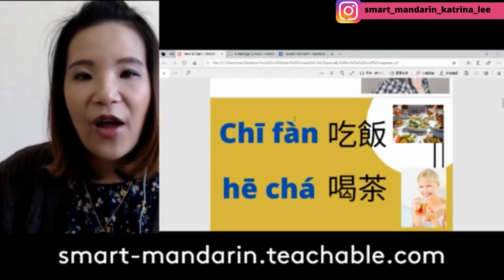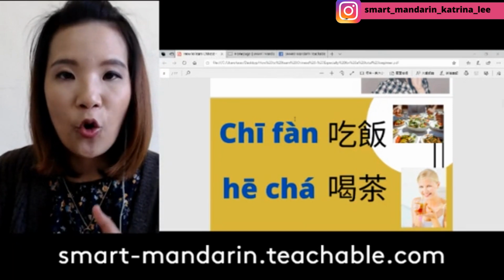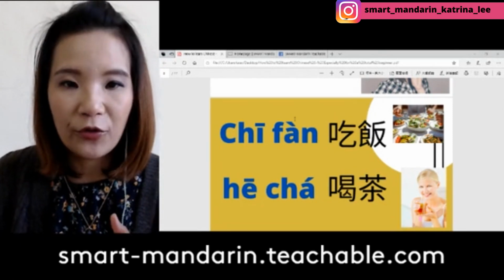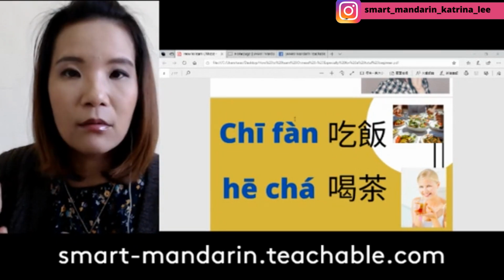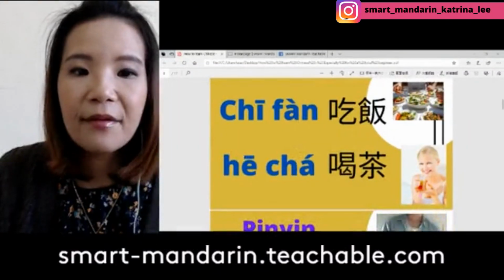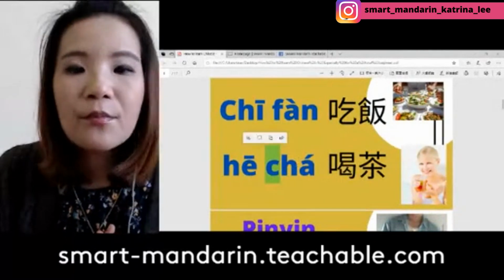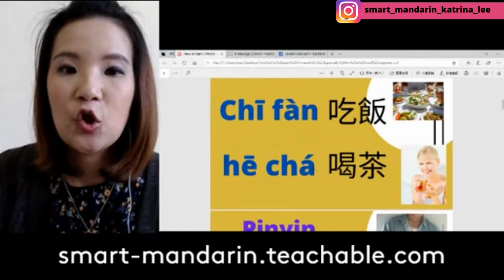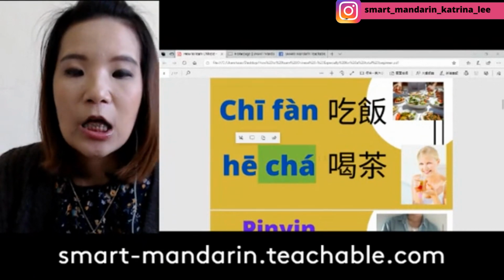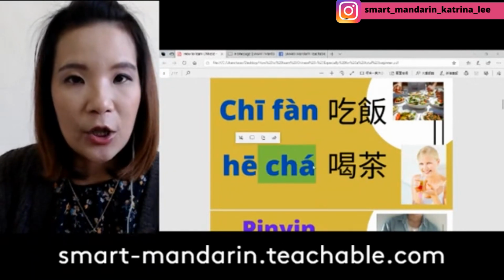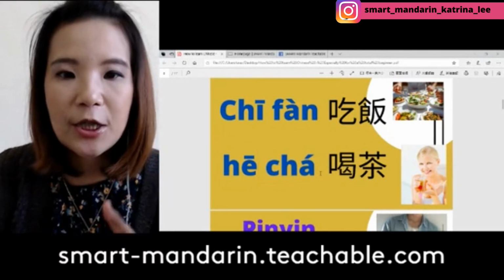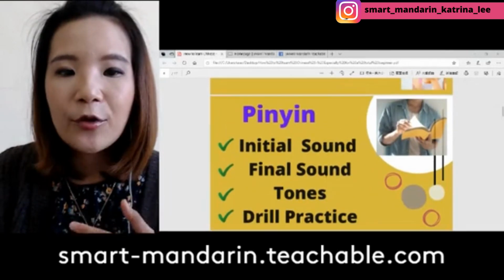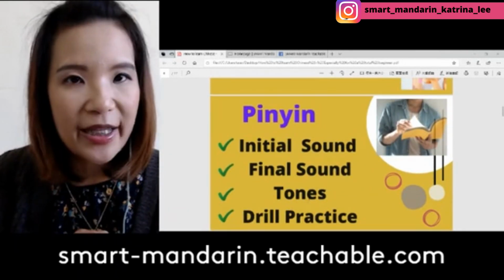Fourth tone, 饭. So you have to make sure the course you choose covers all of these: initial sound, final sound, and tone. Important. Or 吃, ch, 吃. A is a. So cha, meaning tea. Initial sound, final sound, and the tone. And then you have to do the drill practice.